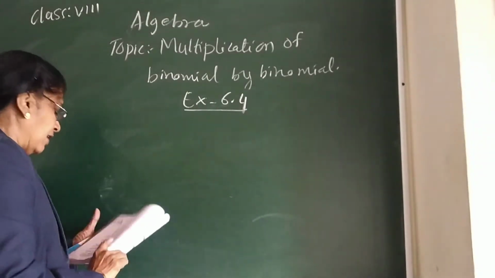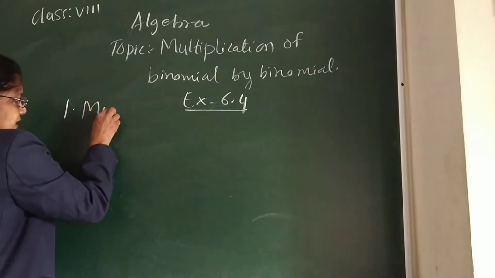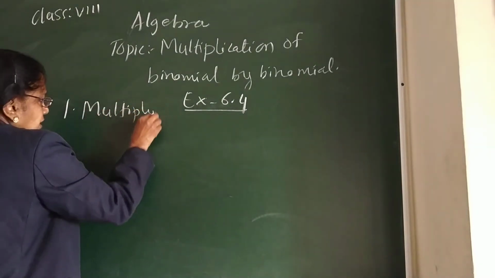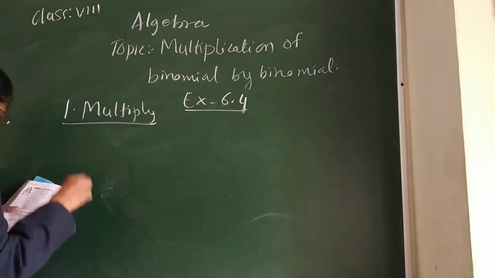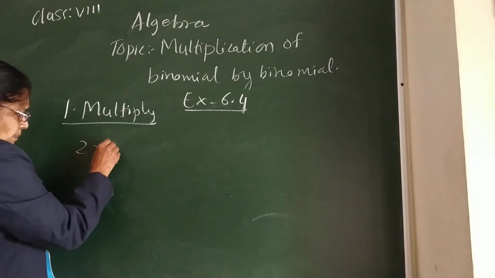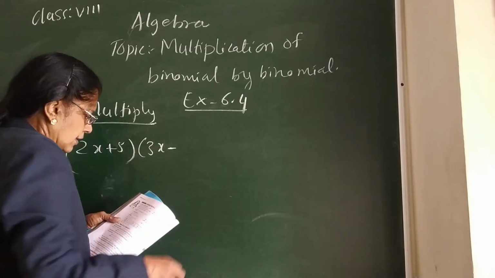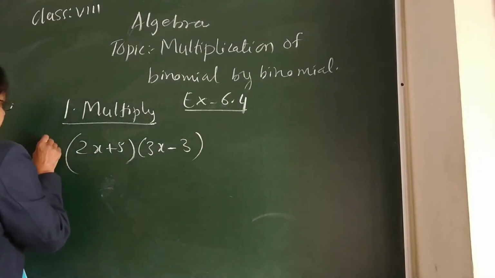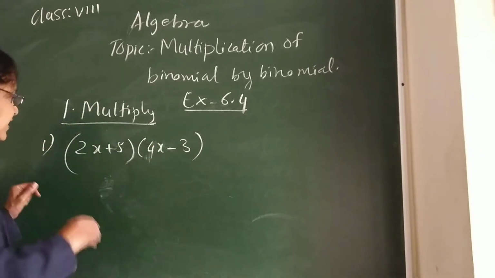So the first sum I will write down. First sum is 2x minus 5 into 4x minus 3.